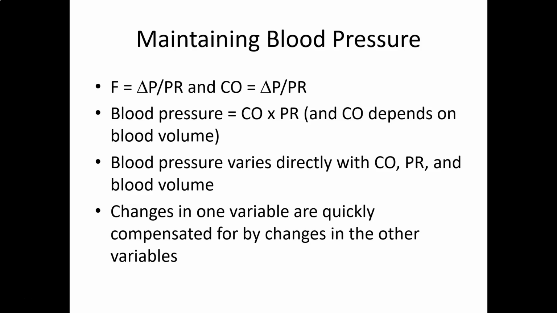Increase resistance. The last thing there is volume. The more volume you have, the more pressure you have. So as volume goes up, the pressure of this fluid goes up. So those are our factors for blood pressure.